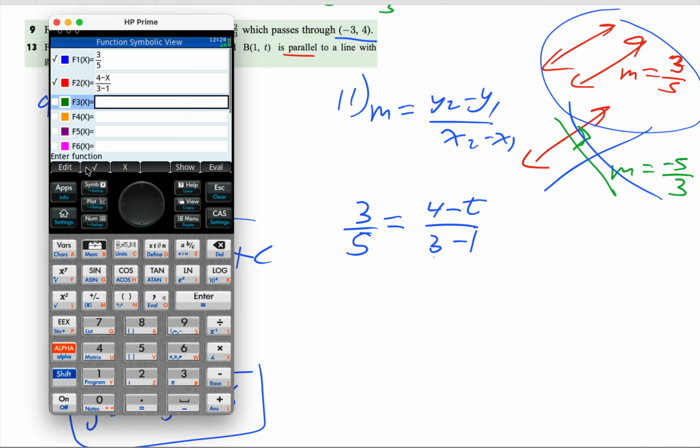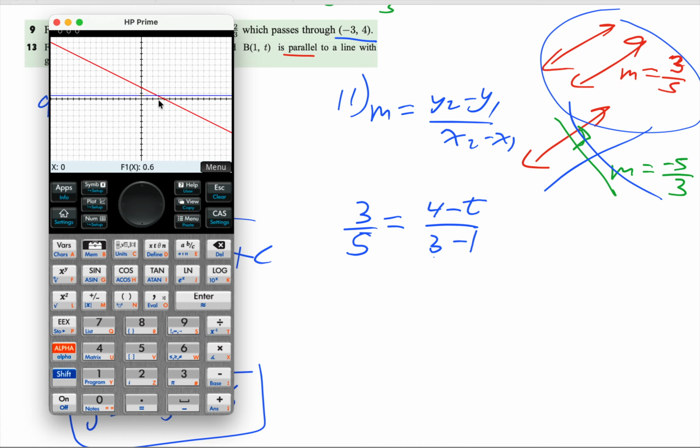Okay, so if I graph that now, the blue line looks like it's right at 3/5, and the red line must be this here, and we can actually find the point of intersection by going to menu, function, intersection.